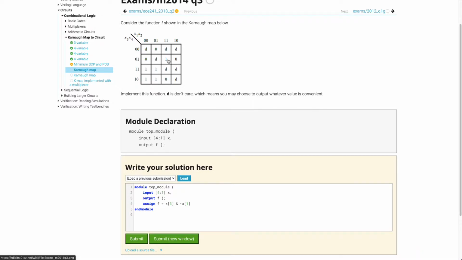Okay, so now to cover this quadrant, and then these are don't care, so I don't care. Or basically if x1 and x2 and not x3 and x4.